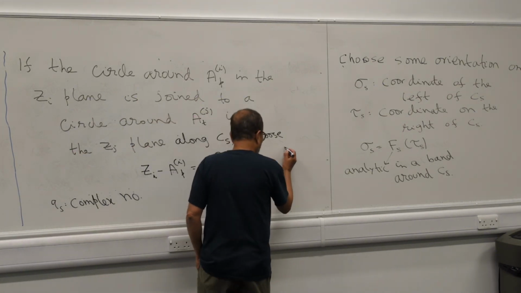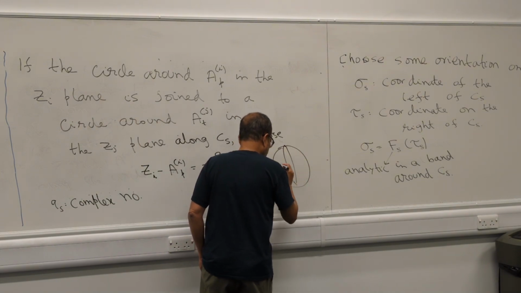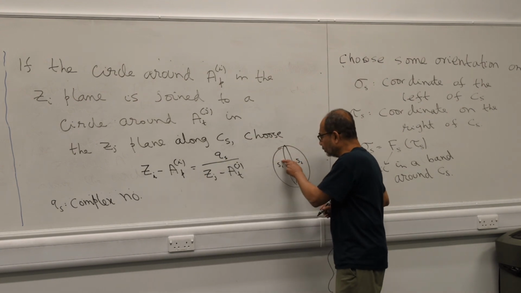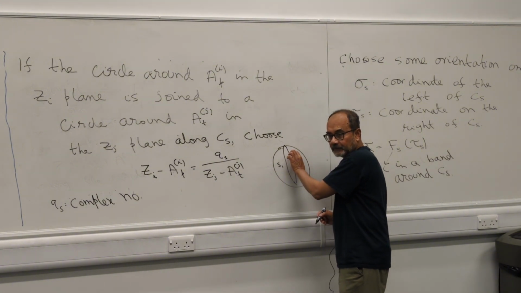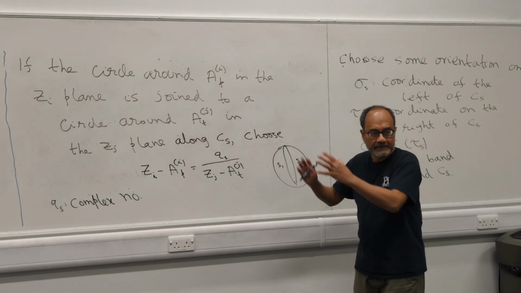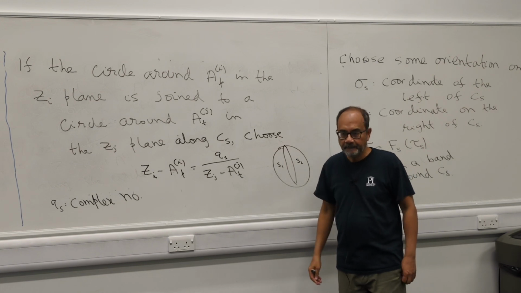So we have two spheres, say this is S1 and this is S2, and I am telling you how we should identify the coordinate Zi with the coordinate Zj. This circle on the Zi plane is around Zi equal to AIP, and this circle is around Zj equal to AJT.